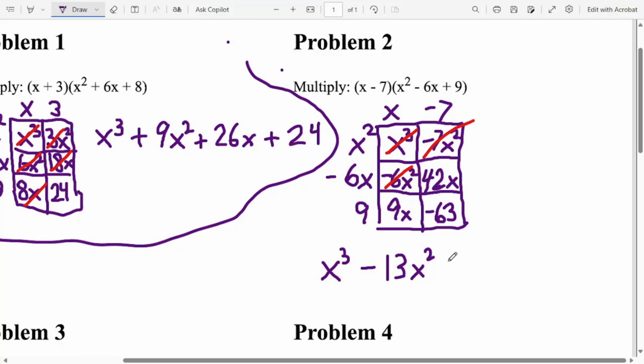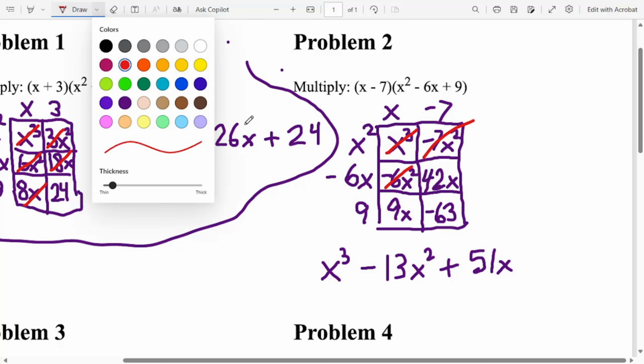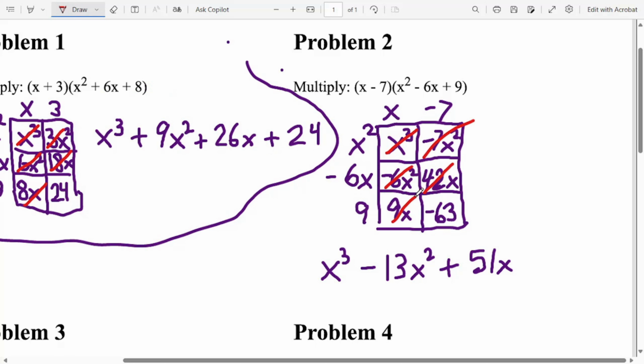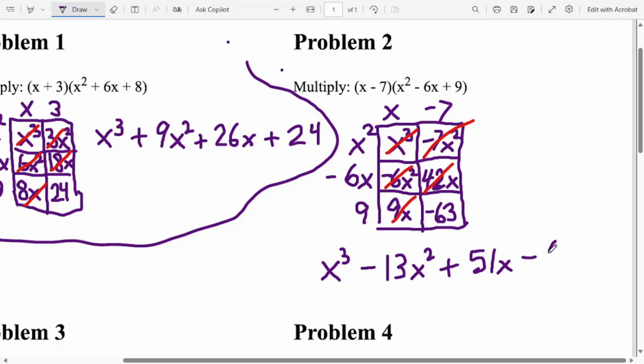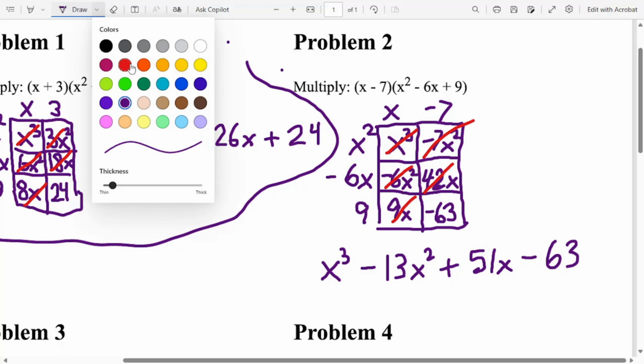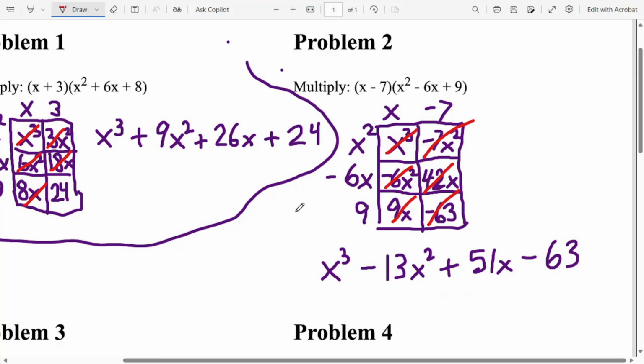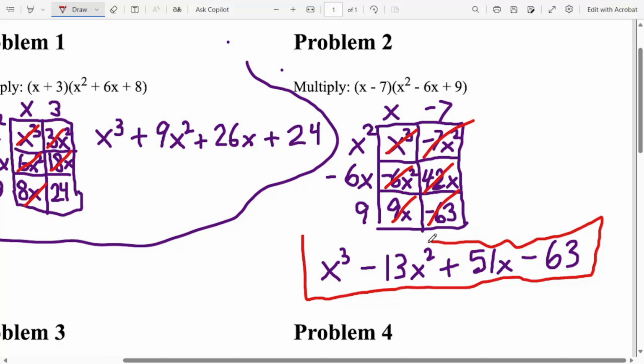That's like 9x, so I can add those two together to get 51x. And we'll cross those off. And finally, we have minus 63 at the end there. And we'll cross that one off. And we've got everything crossed off. So we know our solution is x cubed minus 13x squared plus 51x minus 63.